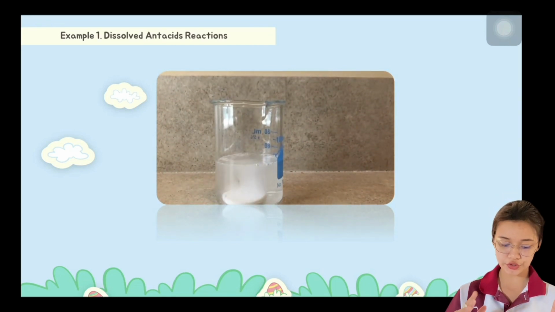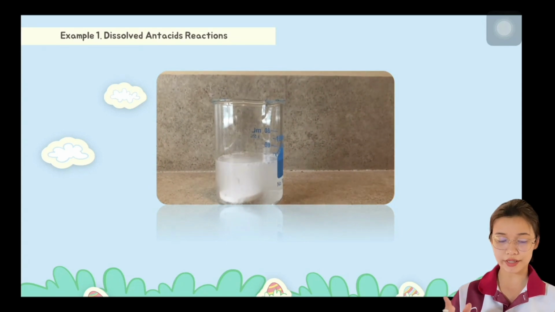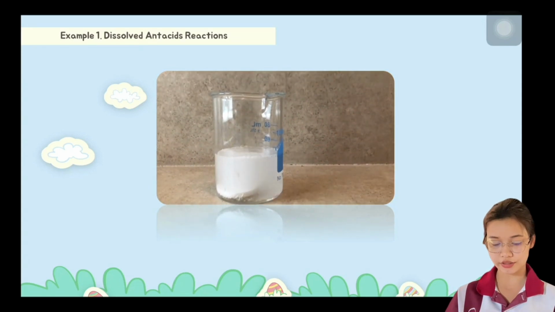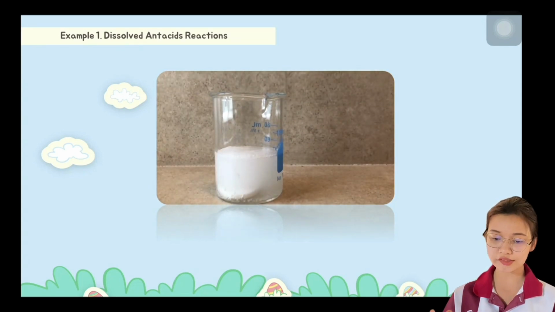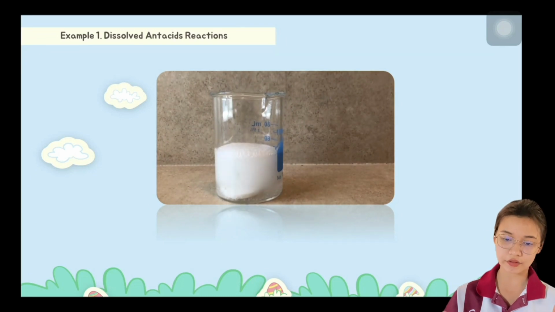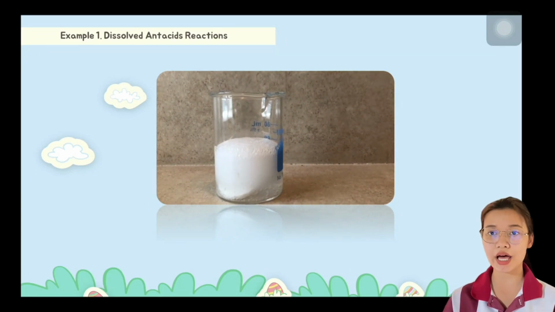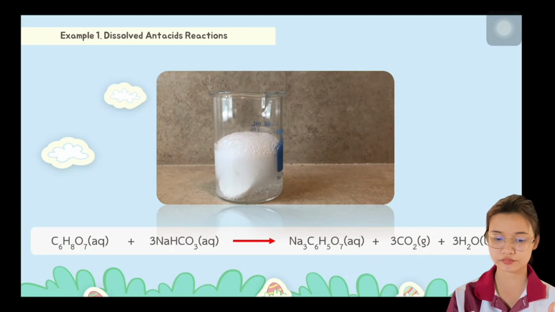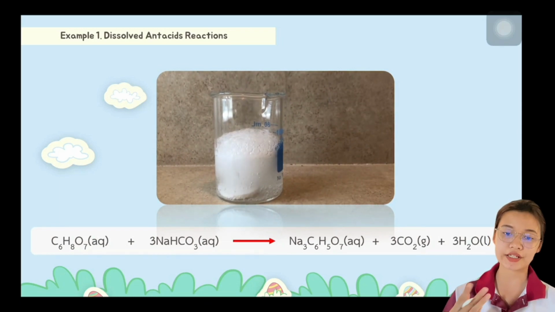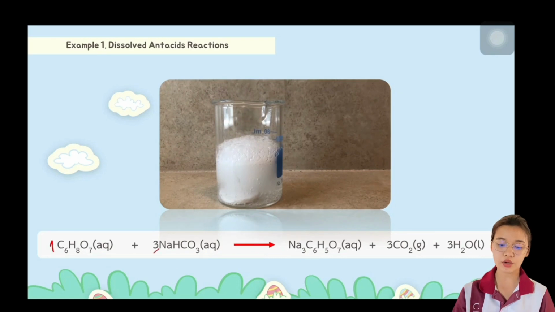This video shows the reaction of citric acid and sodium hydrogen carbonate in antacids. When dissolved in water, they form sodium citrate, carbon dioxide, and water. This is the chemical equation of the reaction. 1 mole of citric acid reacts with 3 moles of sodium hydrogen carbonate.